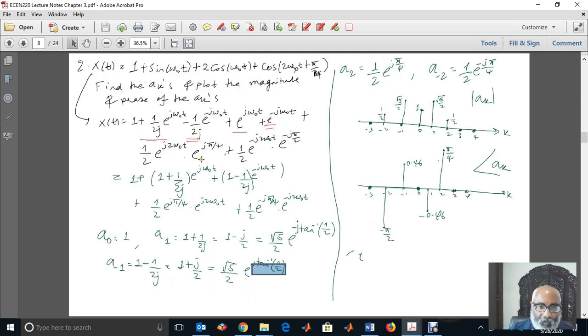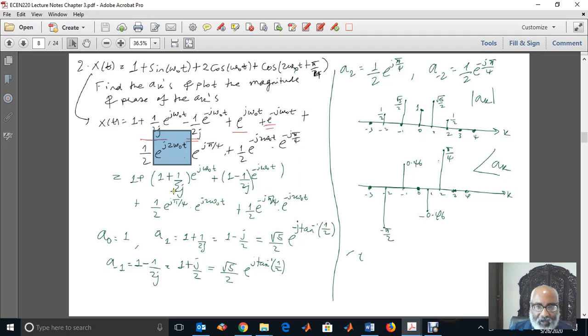A2 is the coefficient of e raised to j 2 omega naught t. It will be half e to the power of j pi over 4. A minus 2 is half e raised to minus j pi over 4. Then we write it in terms of magnitude and plot it as a function of k.